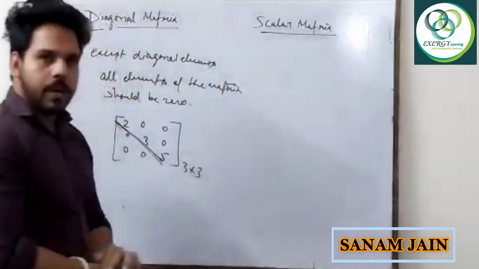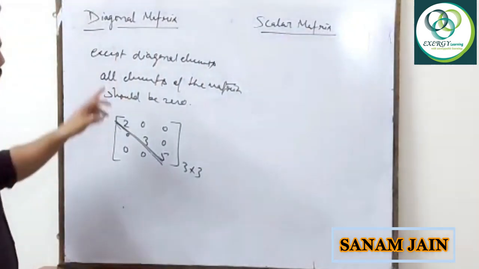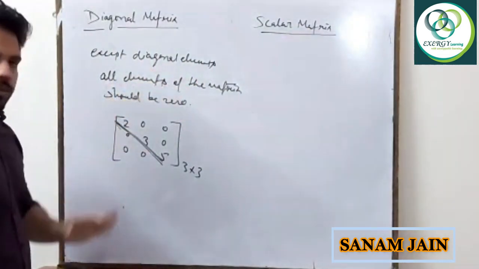So what is a scalar matrix? As before, you can see except diagonal elements, all elements are 0, right?